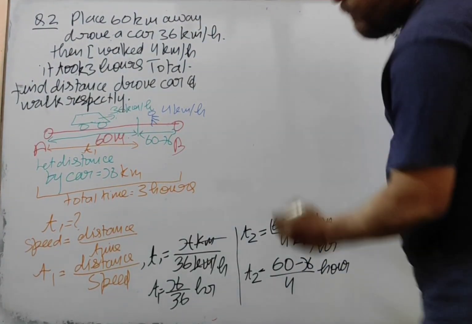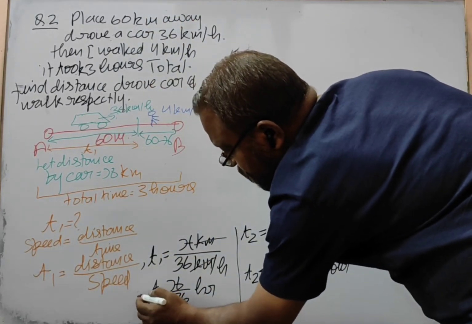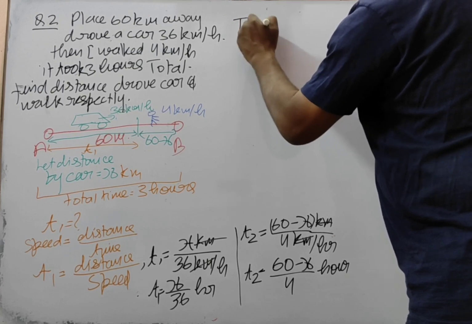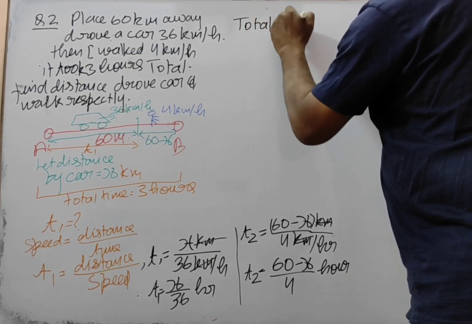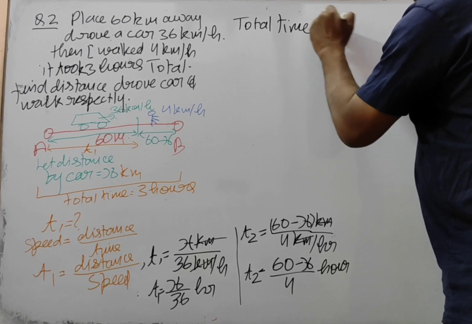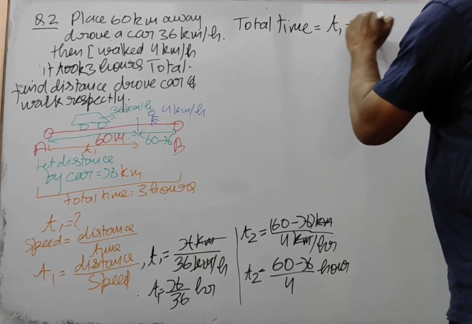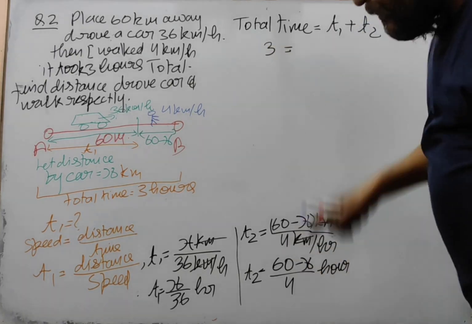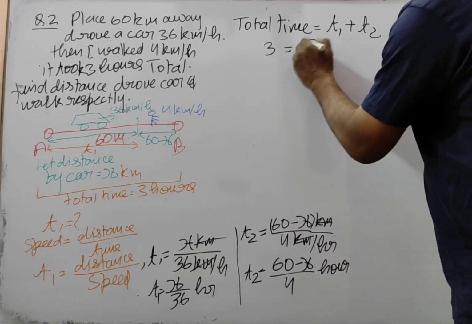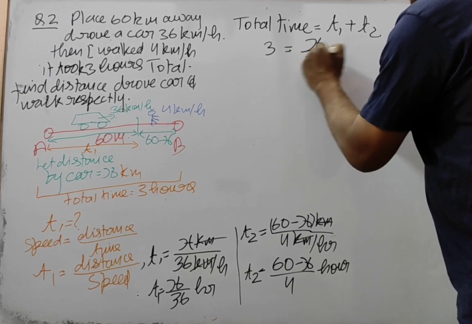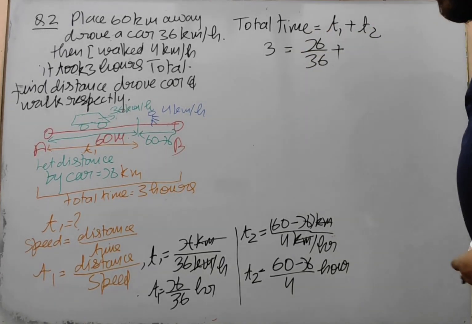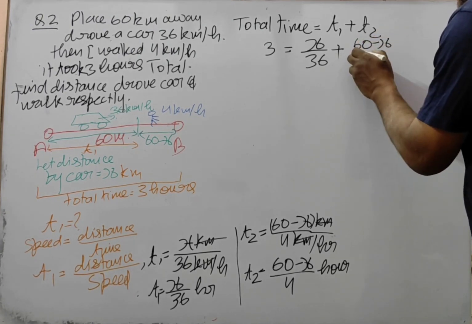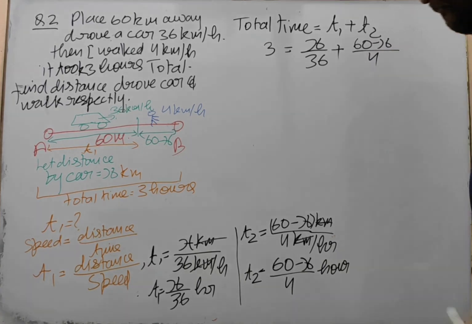So this is T1, this is T2. Total time is equal to T1 plus T2. Total time is 3 hours, and T1 is x upon 36 plus T2 is 60 minus x upon 4, right?